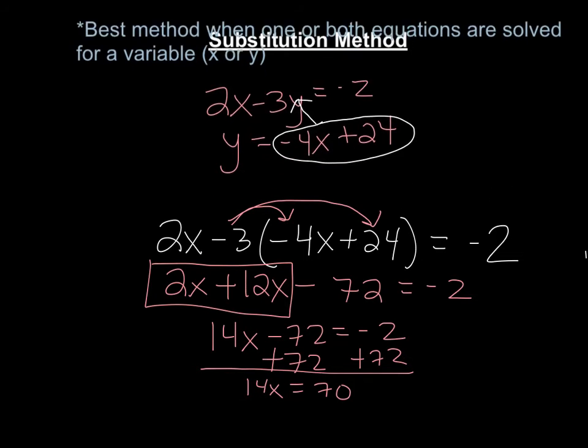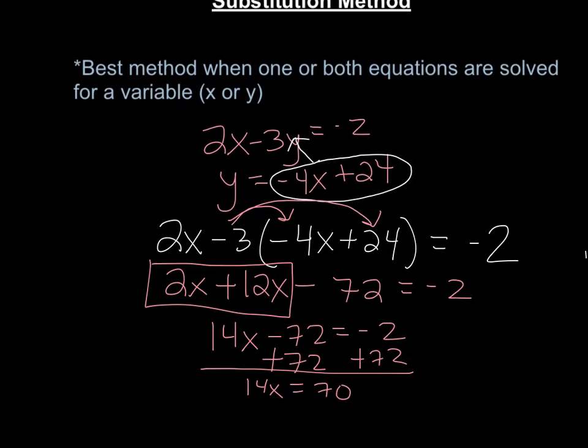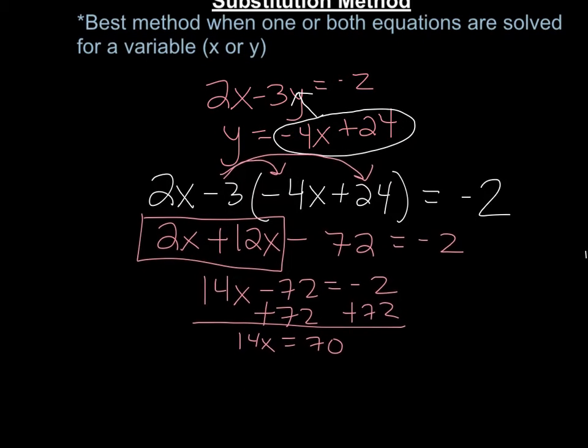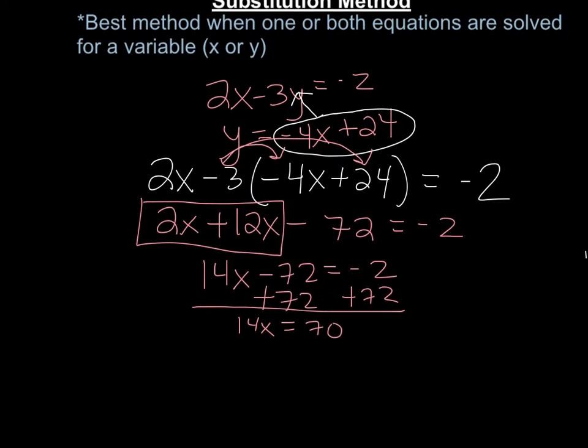I move everything up so that we have some more space to do our final step for solving for x, which is to divide by 14. We're going to get x equals 5. So we found the value of x. However, we're not done because the original problem involved two variables, x and y.